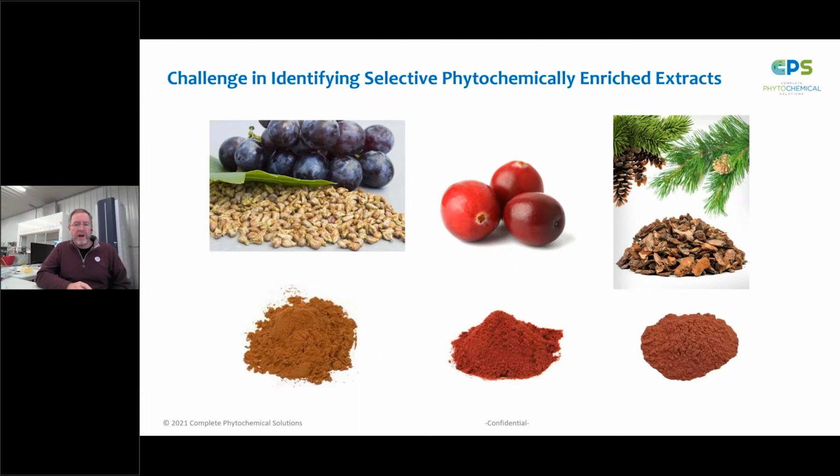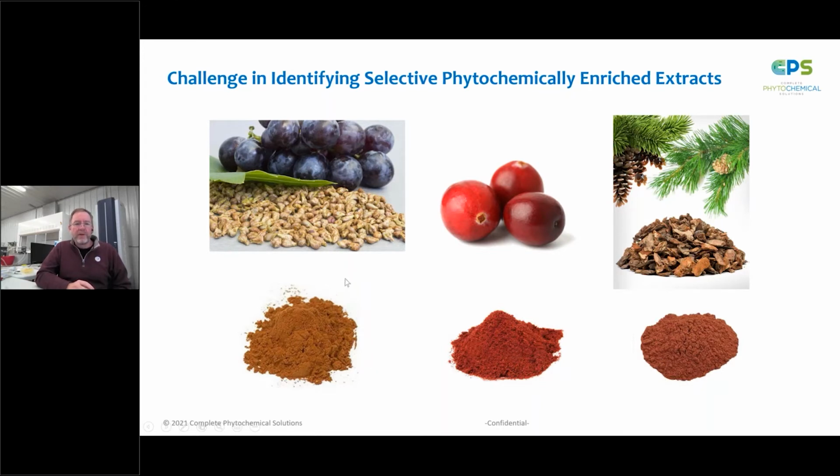Where the challenge comes is when we take these botanicals, extract them, and purify specific components within the botanical. And what we see here are examples of a grapeseed extract, a cranberry extract, and a pine bark extract.